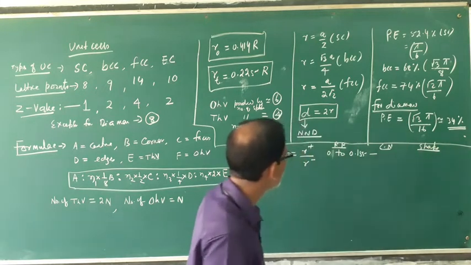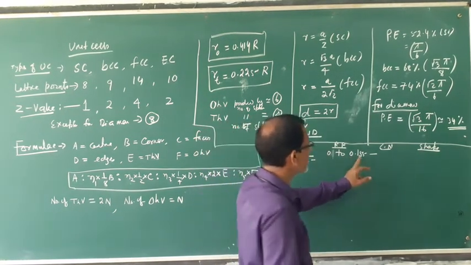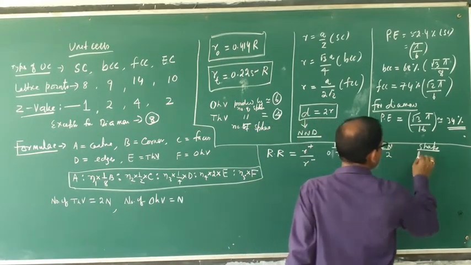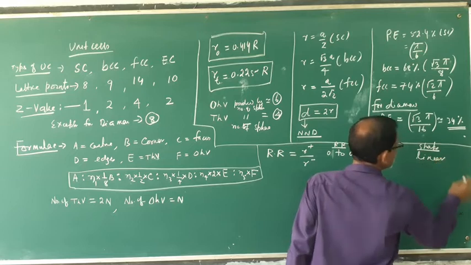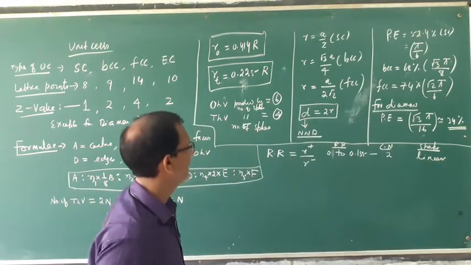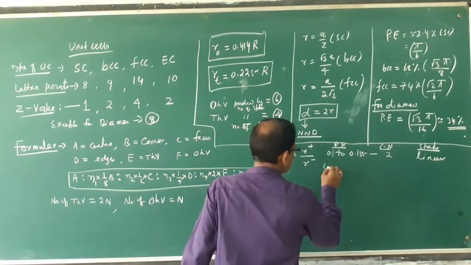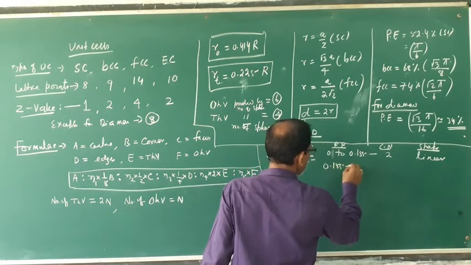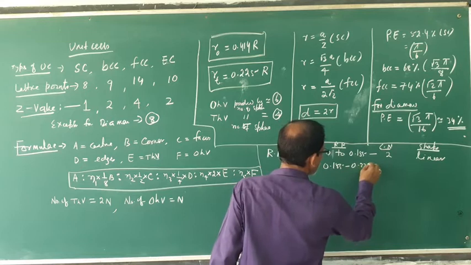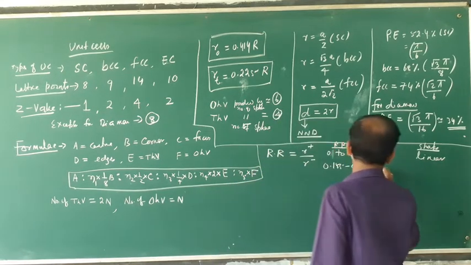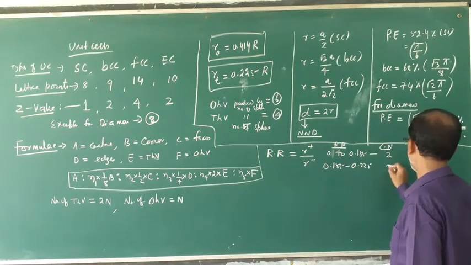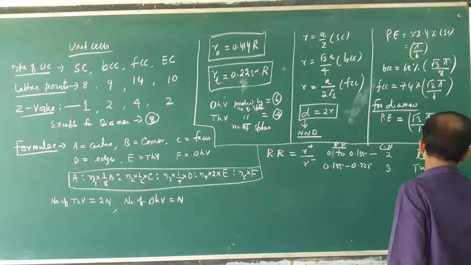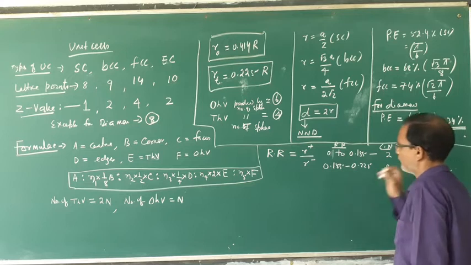The table: if radius ratio is 0 to 0.155, coordination number will be 2 and shape is linear. Linear means straight. Then 0.155 to 0.225, coordination number will be 3, triangular shape.